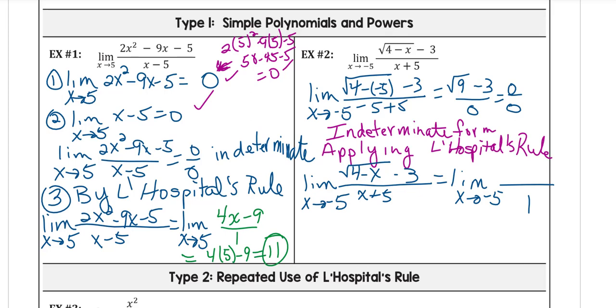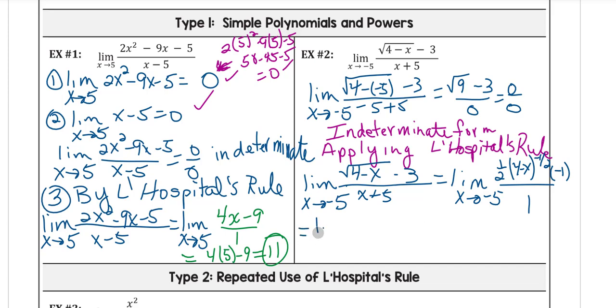The top, we're going to bring the power down, which is 1/2, lower the power by 1, which will be 4 minus x to the negative 1/2, sorry, it's 4 minus x. And then the derivative of the inside, which is negative 1, and then the derivative of 3 is 0.